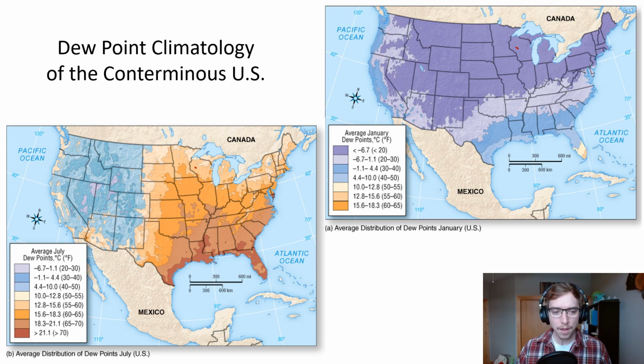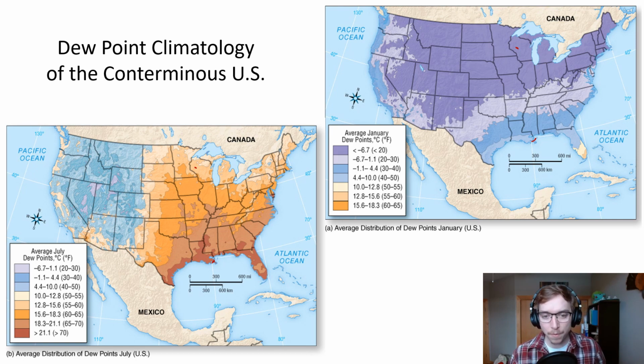If we were to look at other places in the United States, we're looking at New Orleans, for example. New Orleans, right about here or so. We'll draw it on both here. In New Orleans, we're looking at over 21.1 degrees Celsius in July and somewhere between, well, that'd be about 4.4 to 10 degrees Celsius in January.